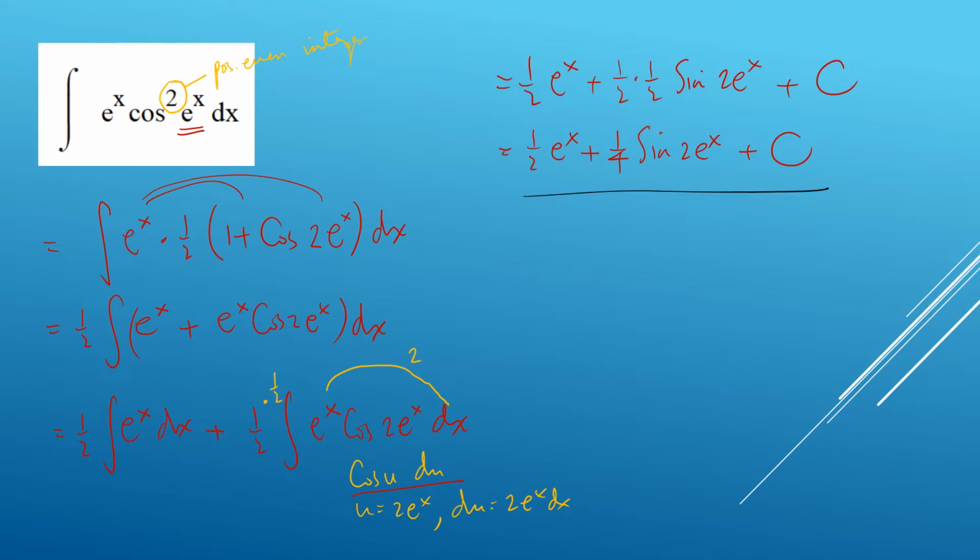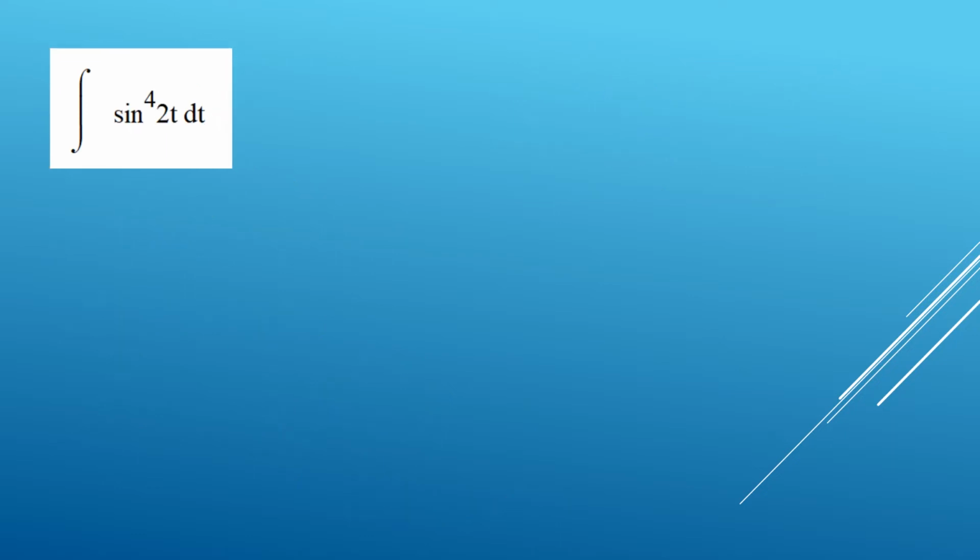Okay? So we go to the next example for case 2. Let us evaluate the integral of sine raised to 4 of 2t. So the exponent is 4. Again, it is a positive even integer. So the rule is to apply the identity for sine squared.